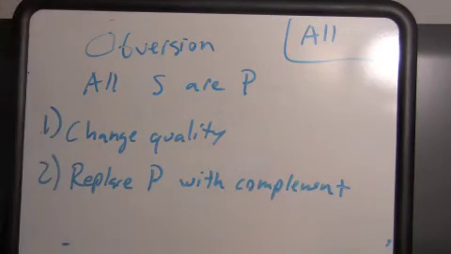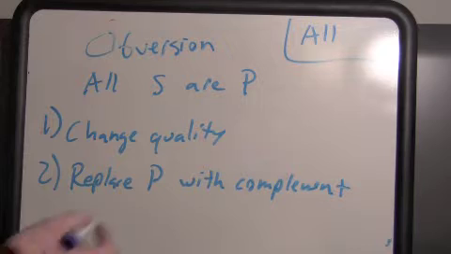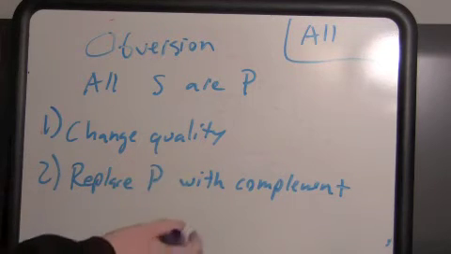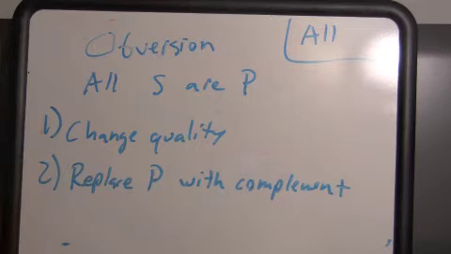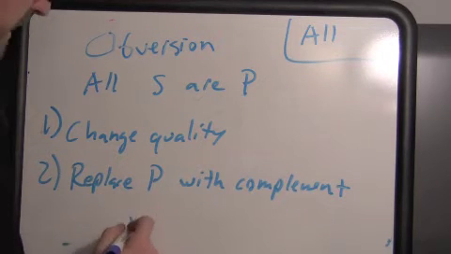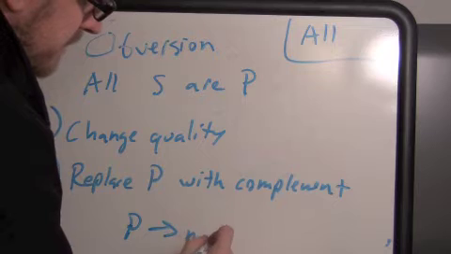Now, what is a class complement or a term complement? A term complement is like the logical opposite of the predicate. But when I say logical opposite, it's not the same thing as a real and actual opposite. Really, it's essentially saying you replace P with non-P, right?